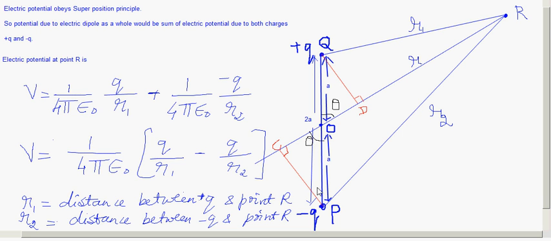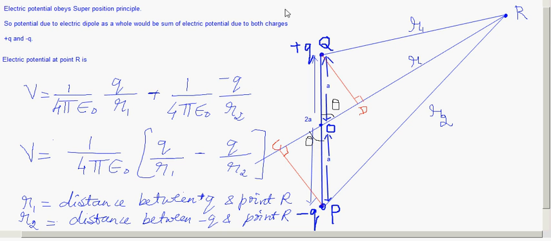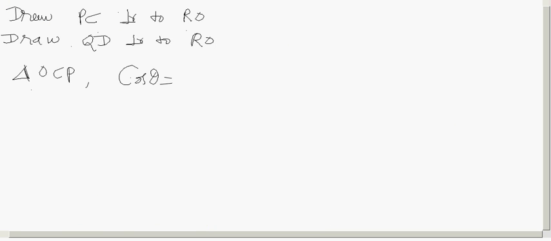So from triangle OCP, we have cos theta equal to OC by OP, or OC is OP cos theta, and from the figure you can see that OP is a.